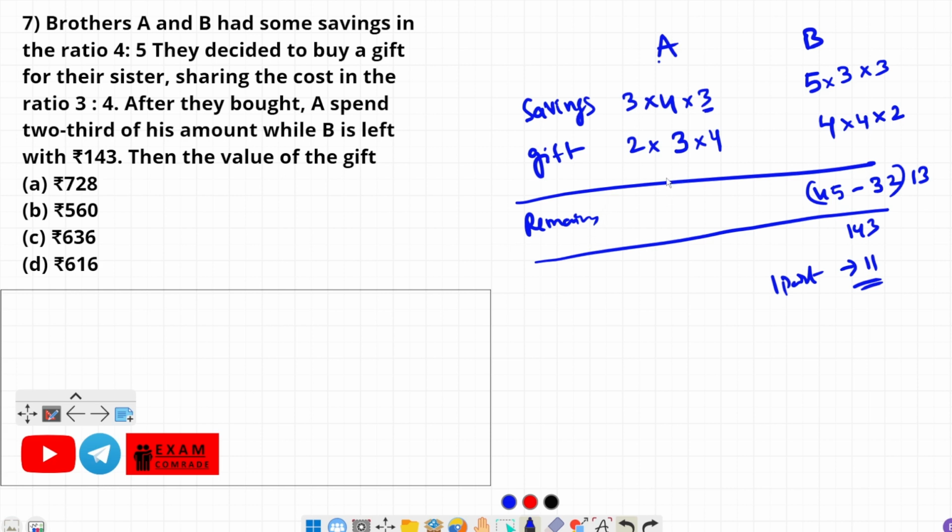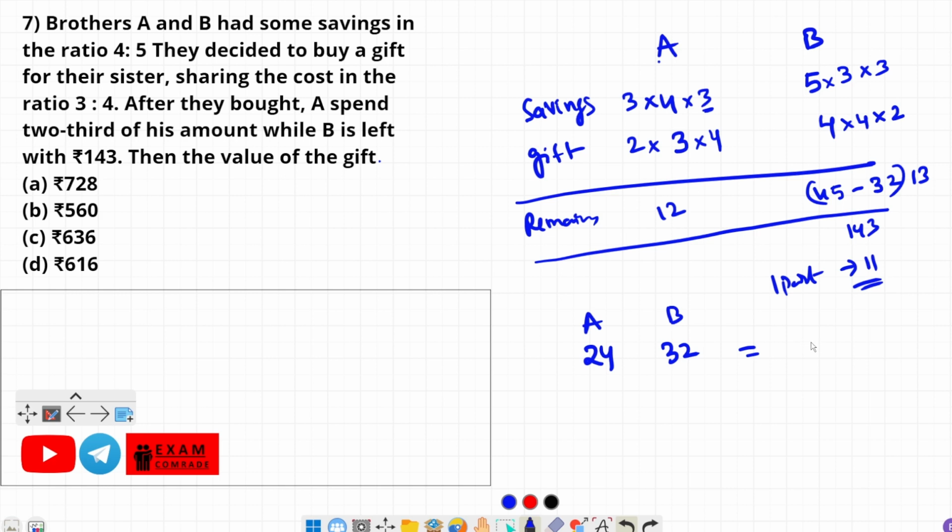So A's remaining amount is, you take 4 into 3 common, so 12 into 3 minus 2, that is 12. Okay, then the value of the gift. What is asked in the question is the value of the gift. Value of the gift: share of A is 2 into 3 into 4, 2 3s are 6, 6 into 4 is 24. This is A's share. B's share is 4 into 4, 16, into 2, 32.